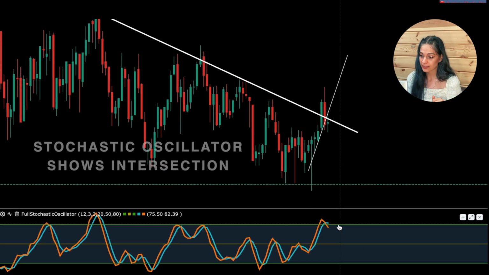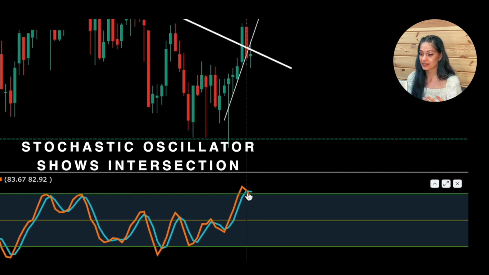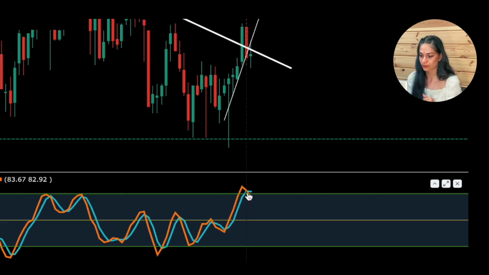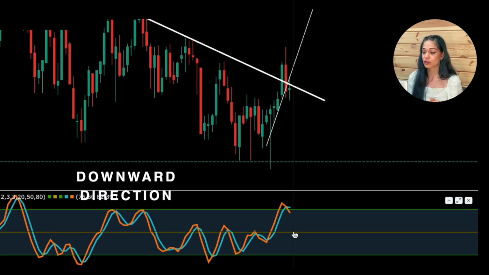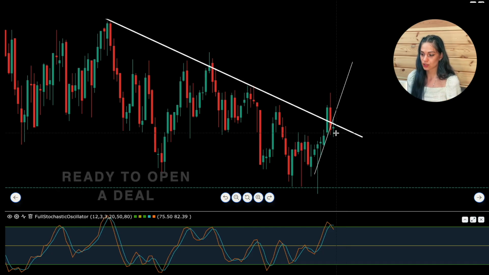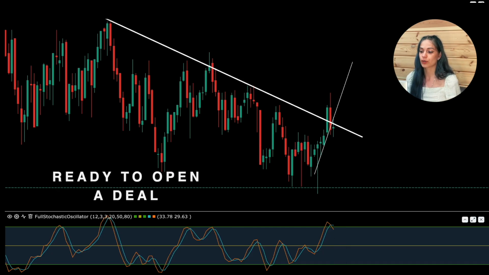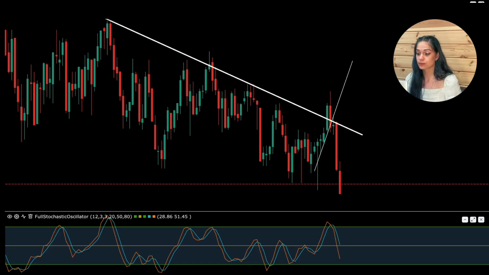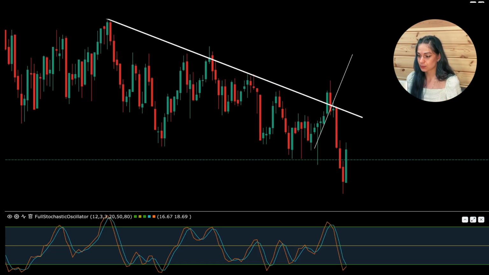But more importantly, the stochastic escalator actually shows the intersection of the lines and the direction of movement down. And we basically have already several confirmation, and we can open our deal for a decrease for 3 minutes. And you see that the price is going down.